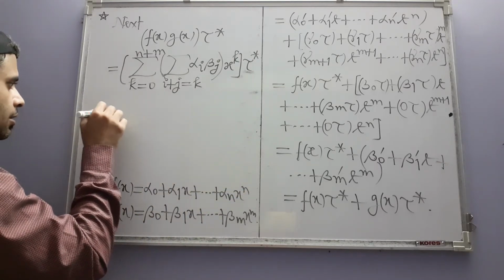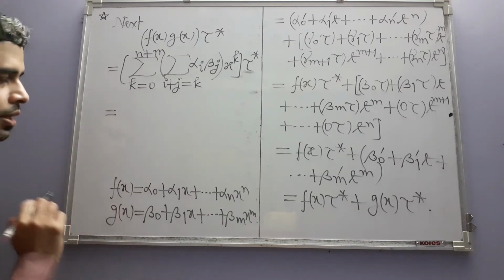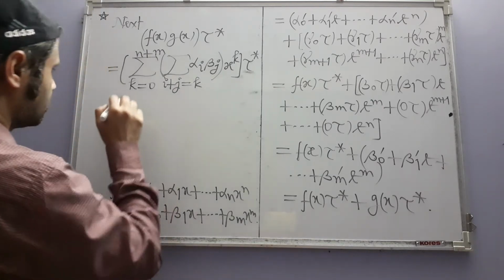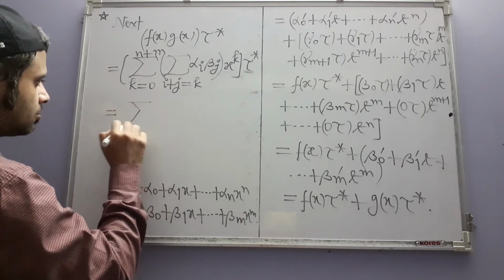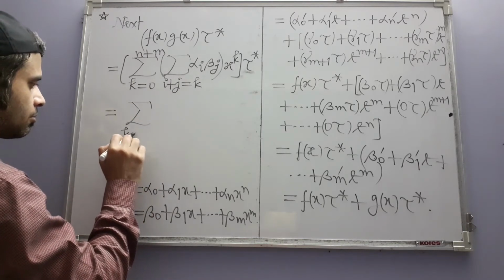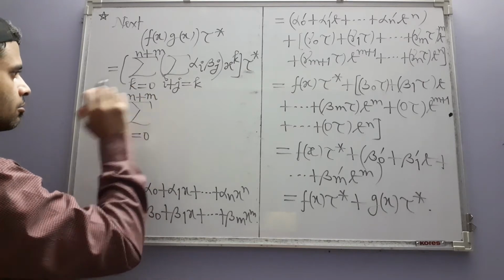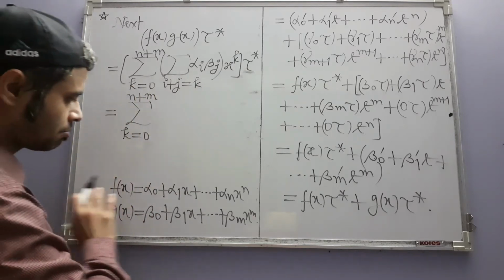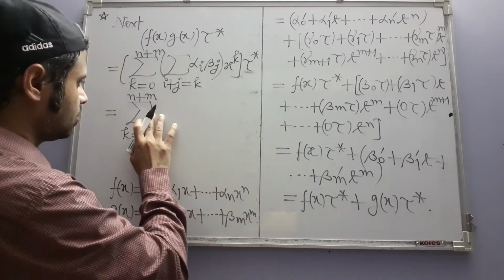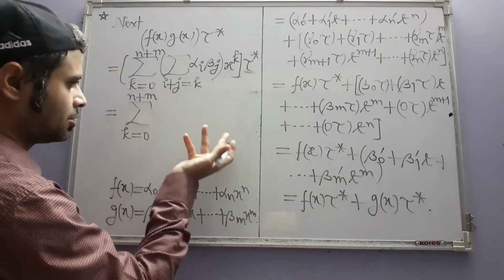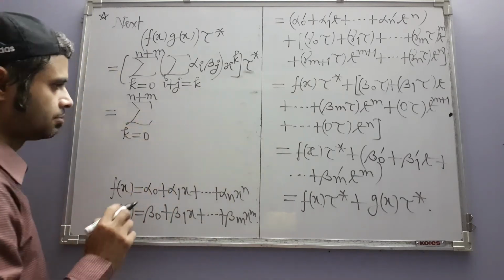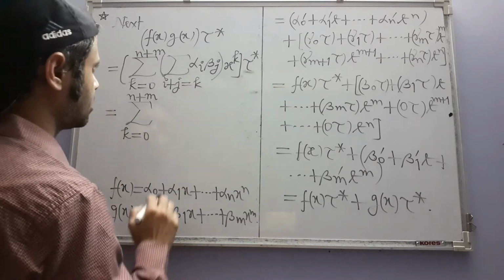So we can directly write what the tau star image of this polynomial is. It's going to be the outer sum, which is the polynomial expression, that just is going to be the same thing because of the definition of our tau star.